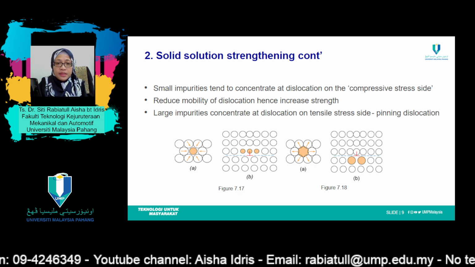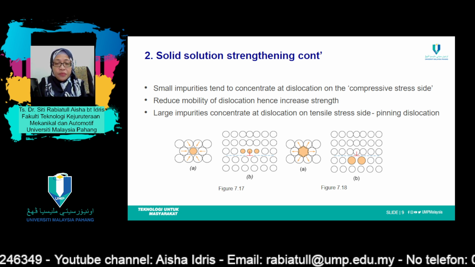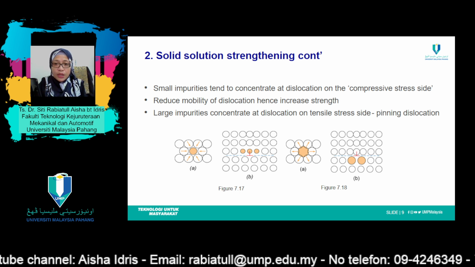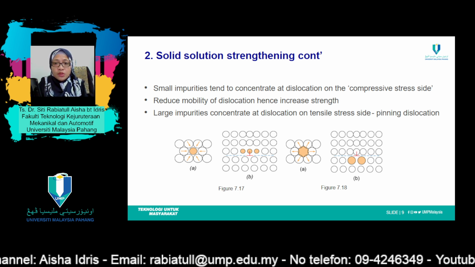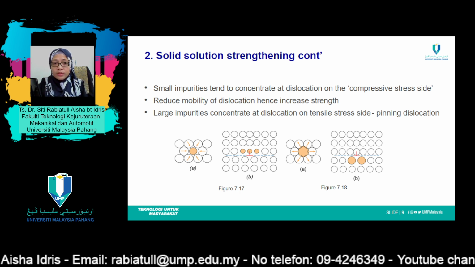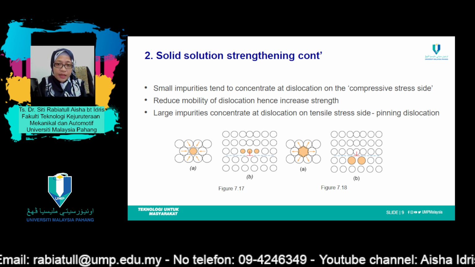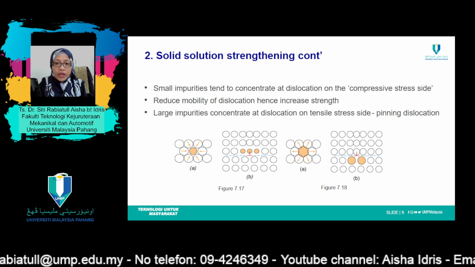These solute atoms tend to diffuse to and segregate around these dislocations in a way so as to reduce the overall strain energy, that is, to cancel some of the strain in the lattice surrounding the dislocation.